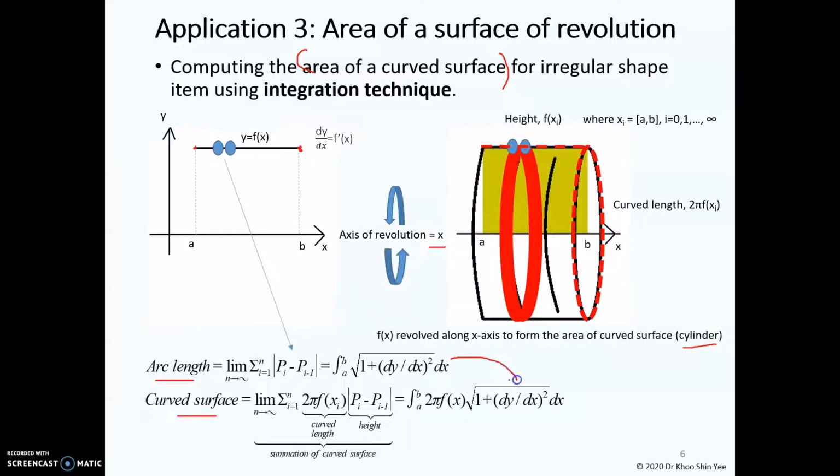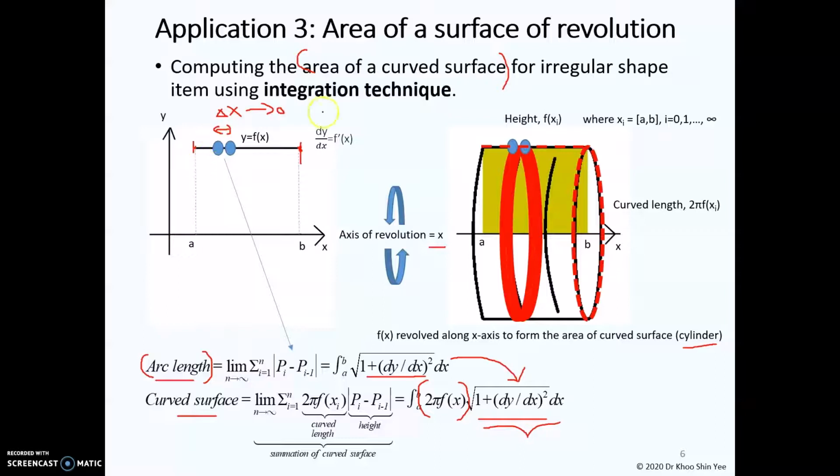This formula can be extended to find the curved surface, where you can see this part is similar, with an additional 2 pi f(x) here. For the latter part here, we know that it's computing the arc length. For example, in this case the 2 points in this function should be very close, with delta x approaching 0.